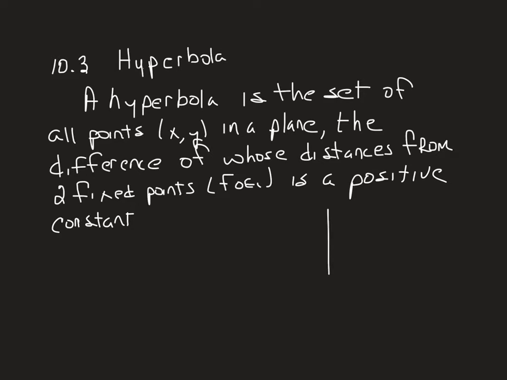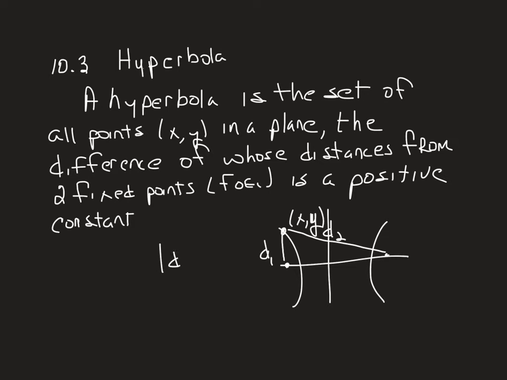For instance, if our hyperbola looks something like this, our foci are going to be in between. Say we have a point here, x, y, and here's distance 1, and here's distance 2. d2 minus d1 is going to be a fixed constant.